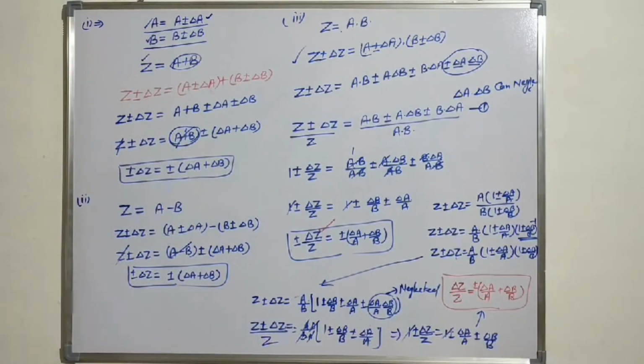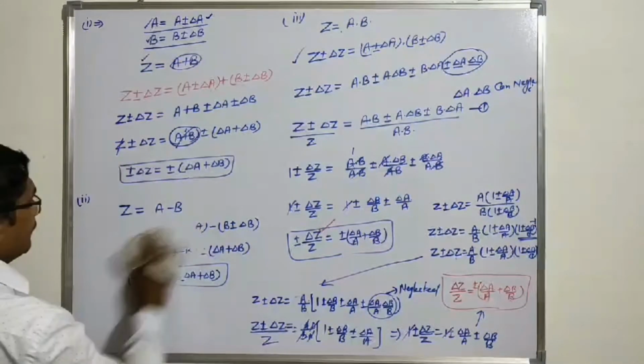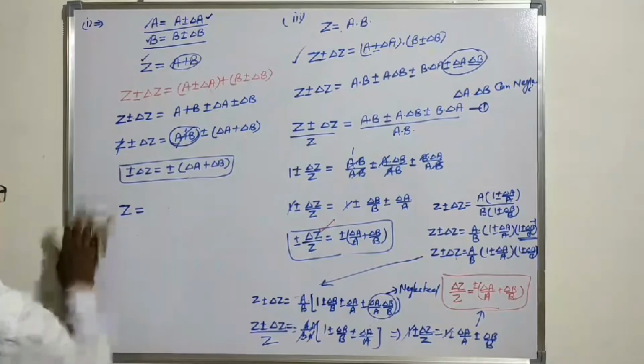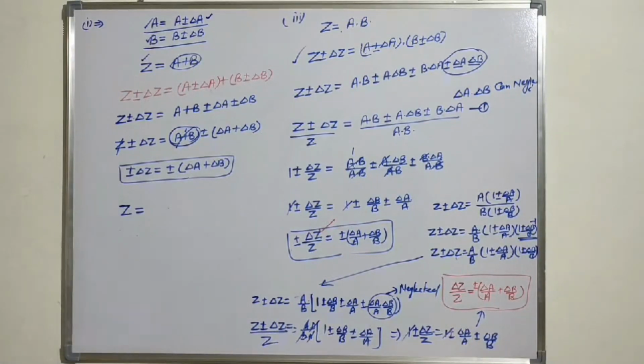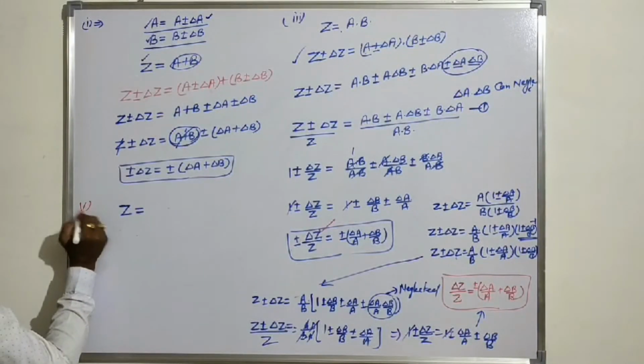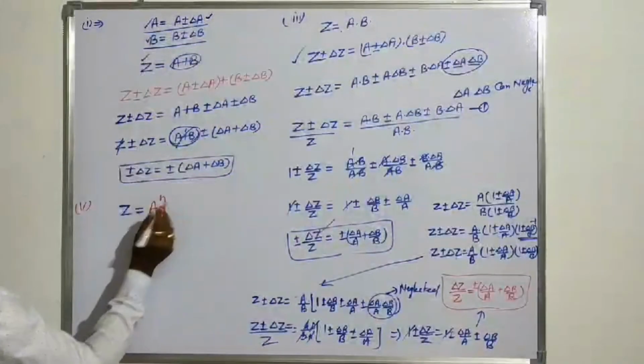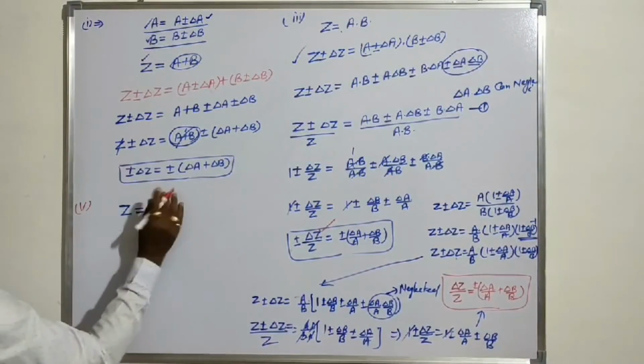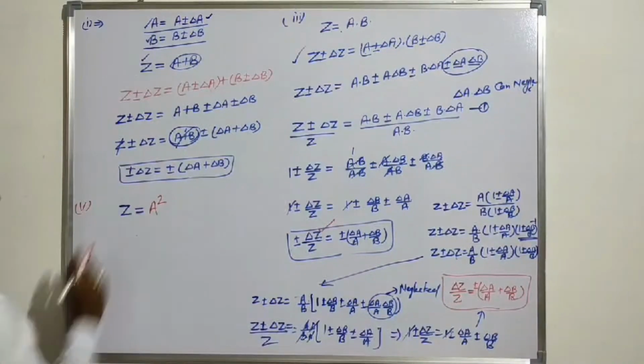And now the fifth operation. Suppose we have some power of the values. Suppose we have a to the power n, or a to the power 2, a square.